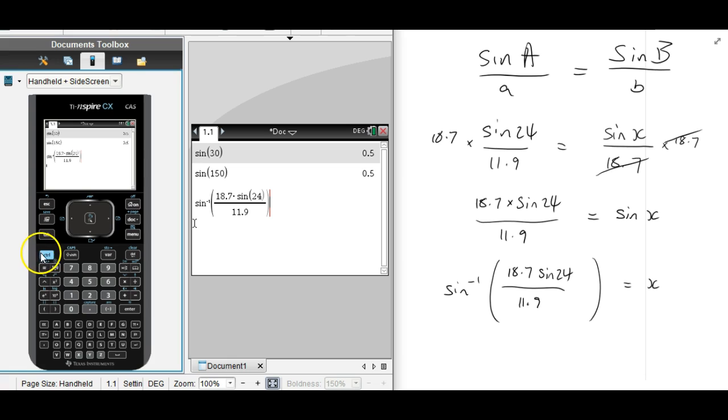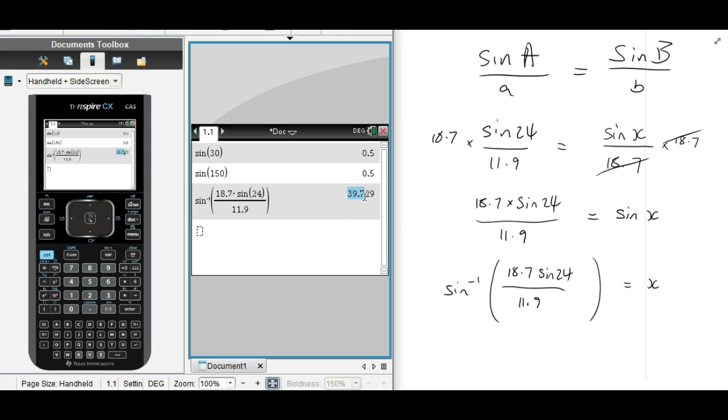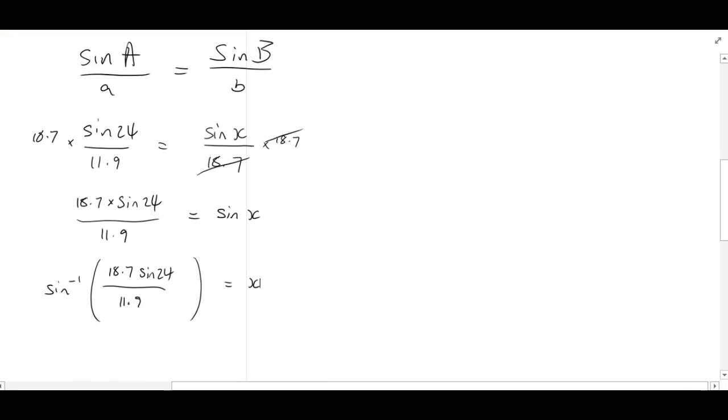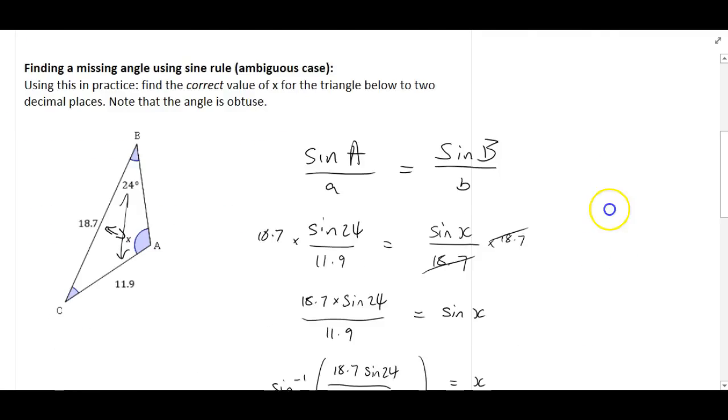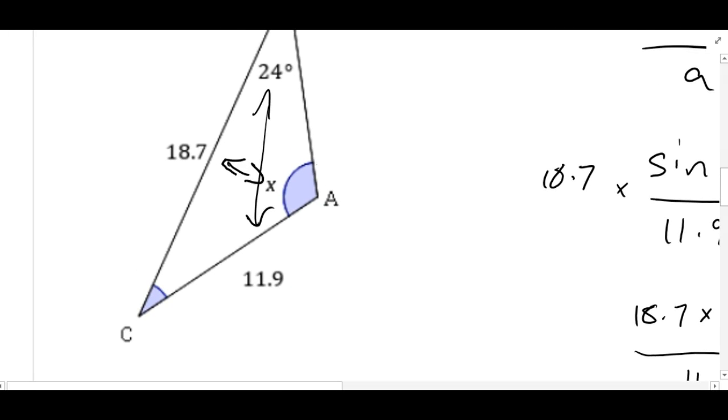Okay, if we press Control Enter now, we get a decimal number, 39.729, so about 40 degrees. Does that look like it fits the triangle in the problem? Okay, 40 degrees would be far too small for an obtuse angle like that. Obtuse angles have to be bigger than 90. So, how would we work out the obtuse version of this answer?